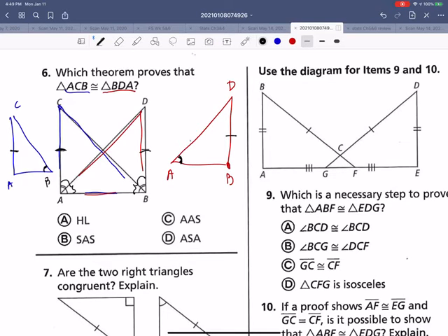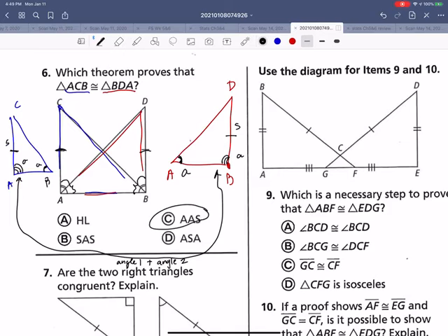This whole angle is equal to angle 1 and angle 2. So we know that this angle and this angle are equal to each other because they're both equal to angle 1 plus angle 2. Which whatever that is should equal one another. So what do we have there? I've got angle, angle, side. So I'm going to pick angle, angle, side.